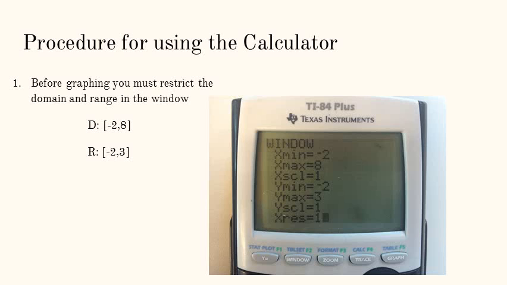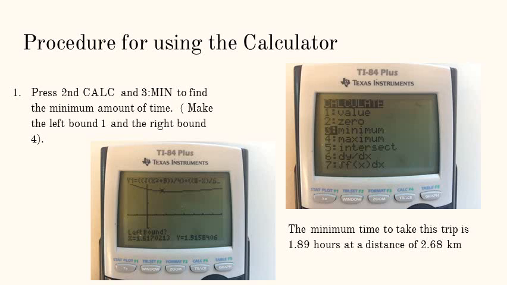When doing this problem, we guessed that the trip should not take more than 3 hours, so our Y maximum was made 3. For the X scale and Y scale, we use 1. Do not change that.